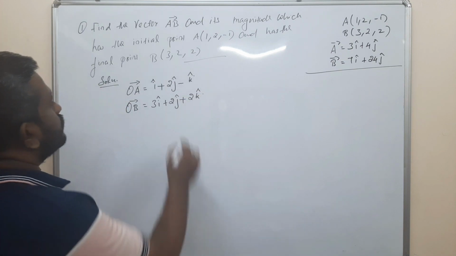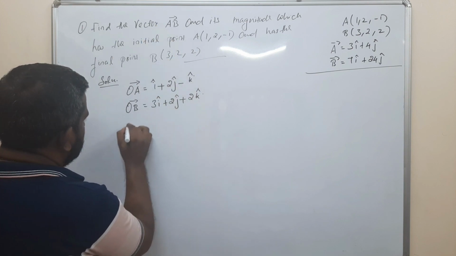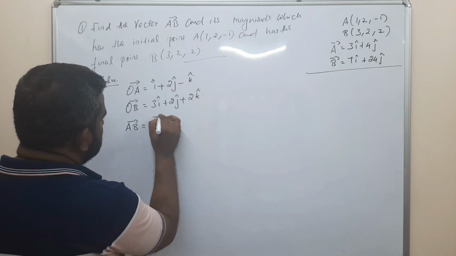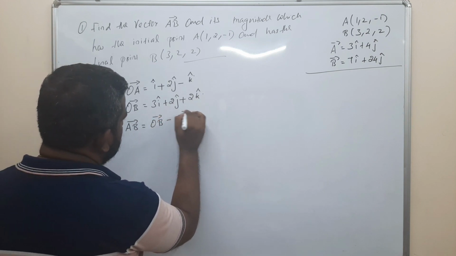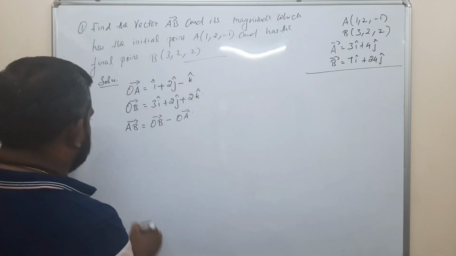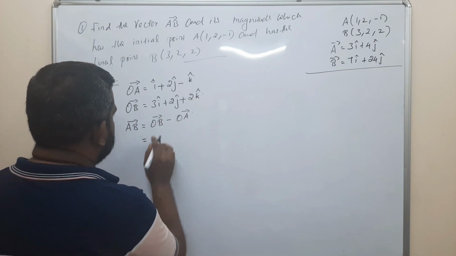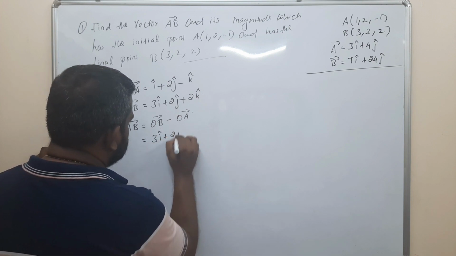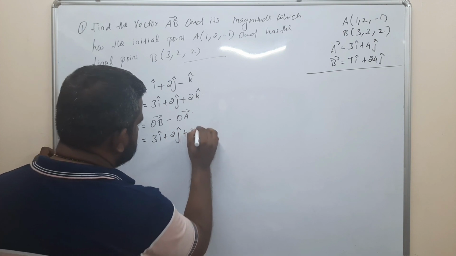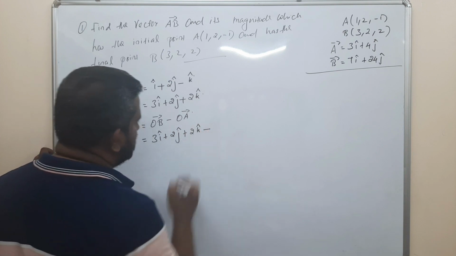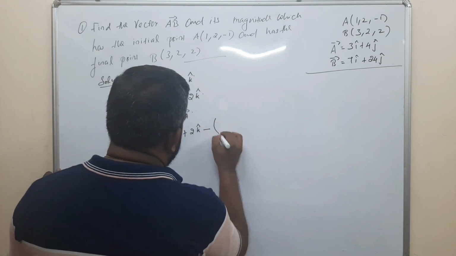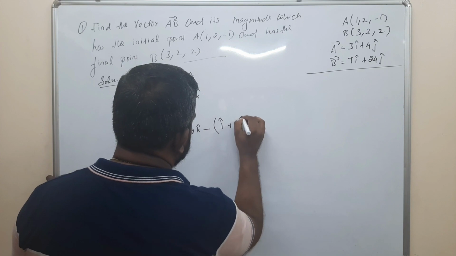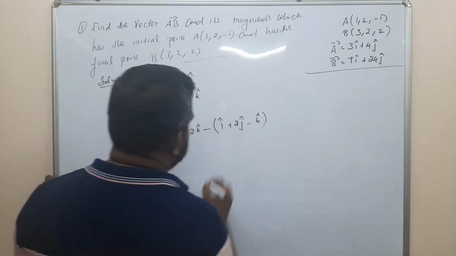Okay. So we have to find the AB vector. AB vector is equal to, what is the formula? OB vector minus OA vector. So that's equal to, OB vector, that is 3 i cap plus 2 j cap plus 2 k cap, minus OA vector, that is i cap plus 2 j cap minus k cap.